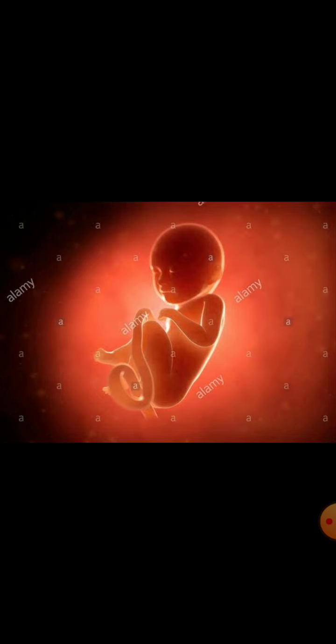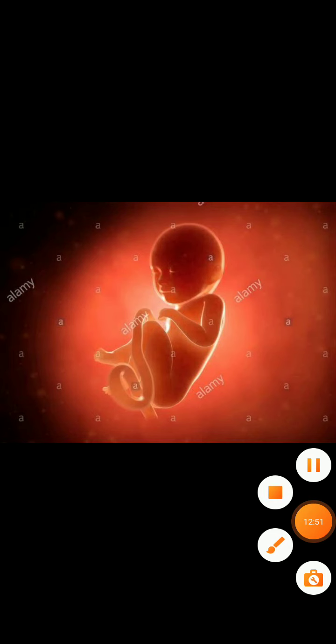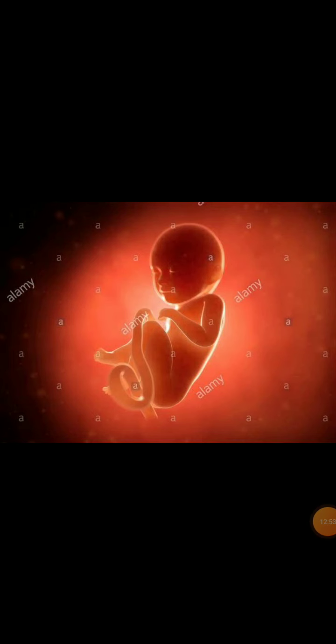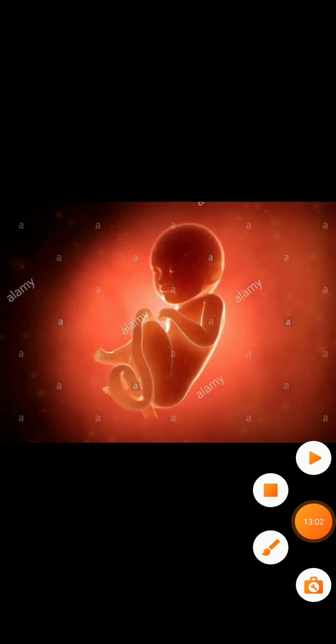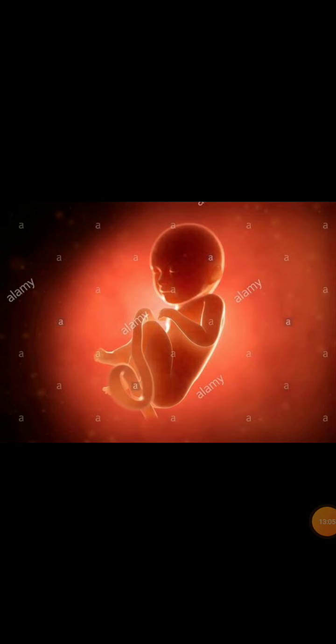Now, the fetus is the stage of development of a child inside a mother's womb where we can identify the different organs of the baby. This is the period after the 8th week of pregnancy. So, the fetus is the stage where we observe the developed organs of a baby.